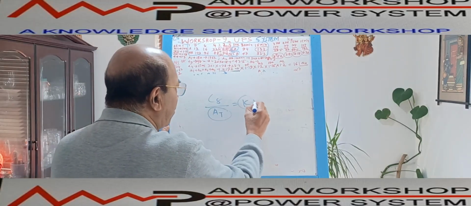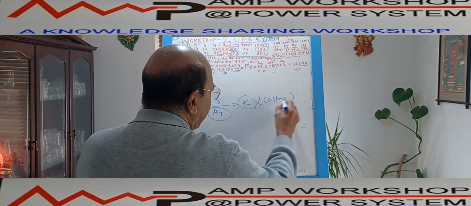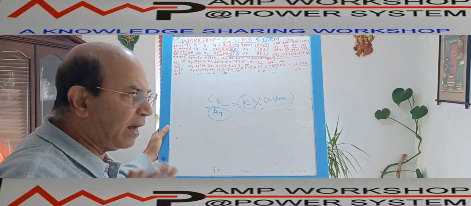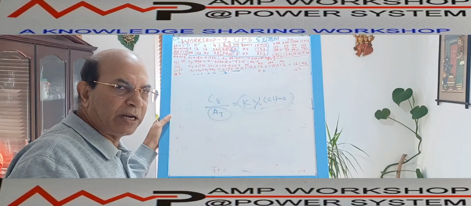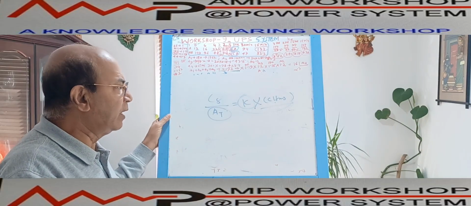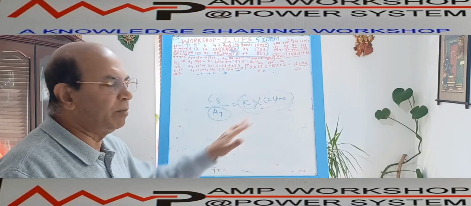Then the change of current multiplied by the K factor will give the area, or ampere hour, required for that particular change of current. In this way, each area in ampere hour is to be calculated.